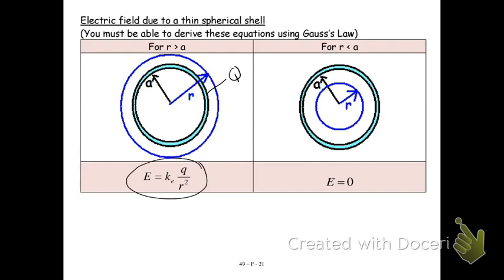Inside, you're going to do the same thing, but now you're going to say Q inside equals 0. It's not that the inside is any less. It's just that there's no variable bit. If you're outside, it's an inverse square law. If you're inside, it's 0, because there's no charge inside this Gaussian surface, so there's no electric field.